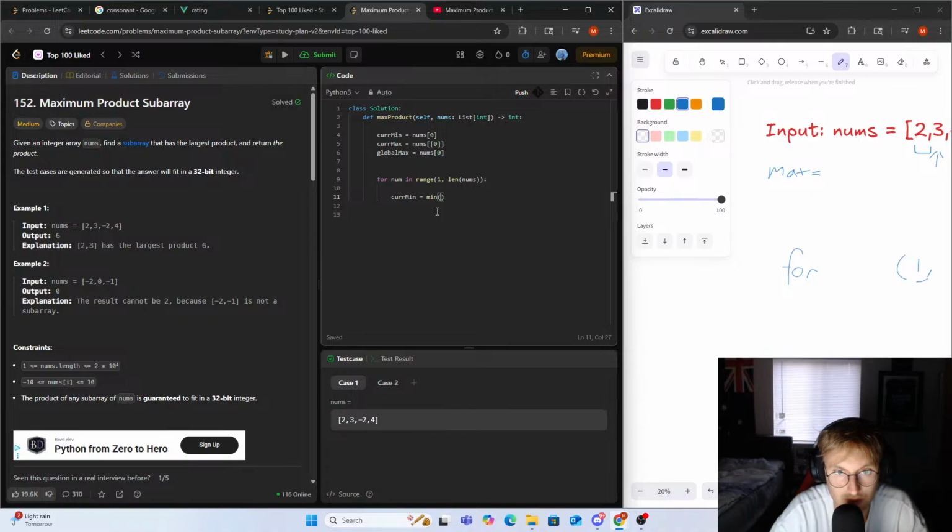Is equal to min. What we do here, min, is equal to nums[i]. Let's make it easier. Oh no, we don't. We don't even need this line. Let's just do nums[i]. So we're taking the minimum here, right? To get the minimum of this value, we do nums[i] times our current min, times equals our current min.